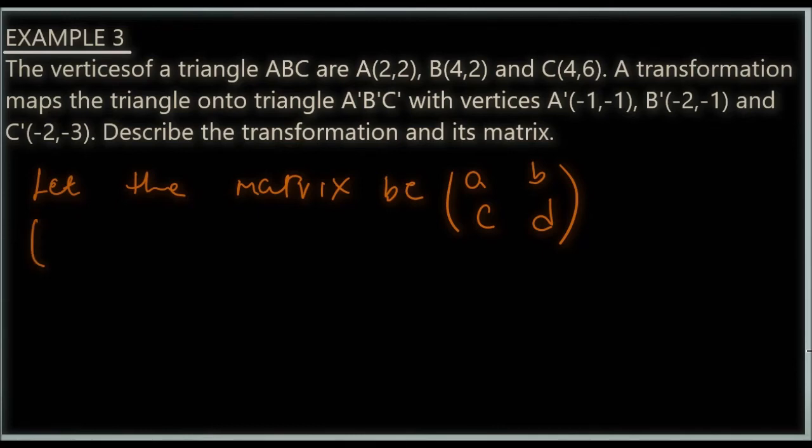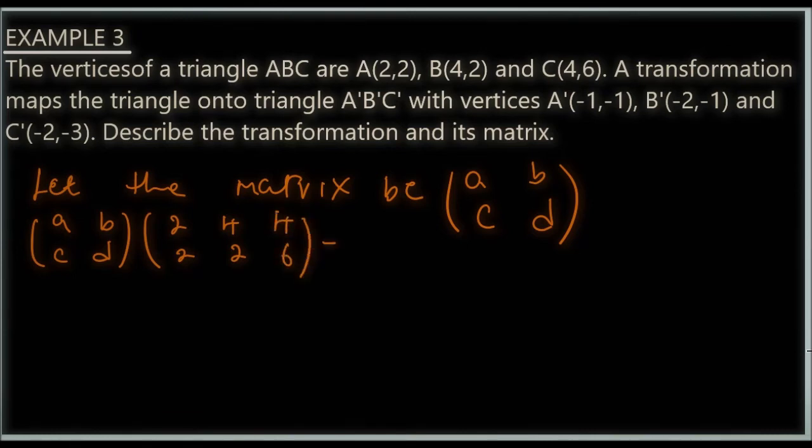So we say we have A, B, C, D. We multiply by the matrix of the object, which is 2, 2, 4, 2, and 4, 6.